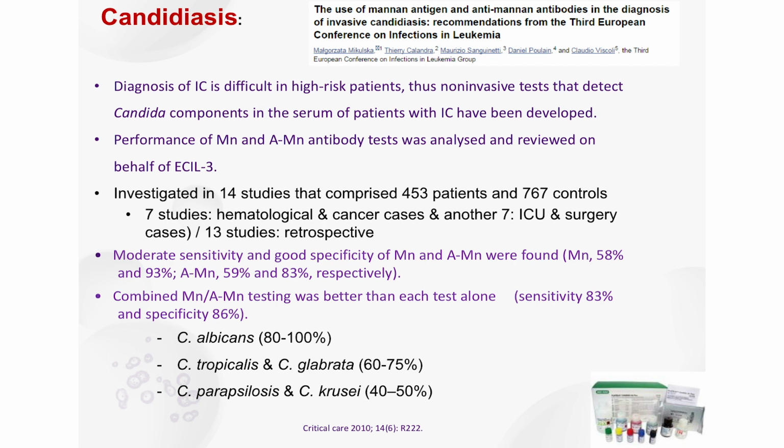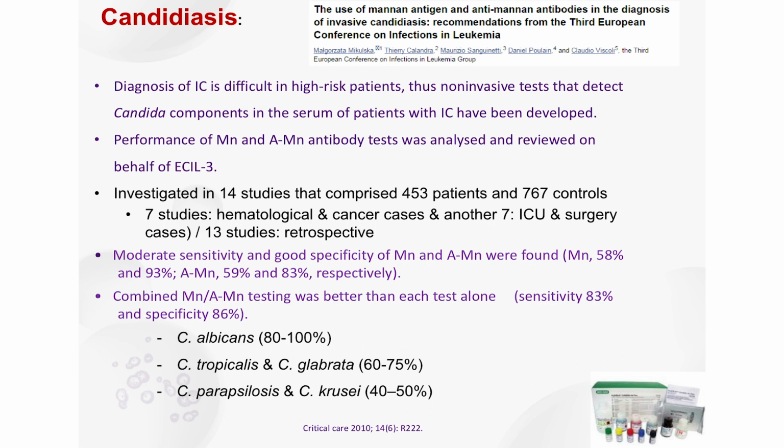So the European Conference on Infections in Leukemia tried to set up something. They tried to use the mannan and anti-mannan antibodies to guide the patients. This study had no control and was very diversified: 14 studies comprising 453 patients.